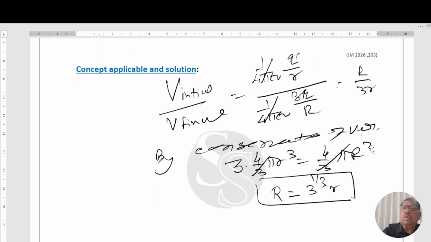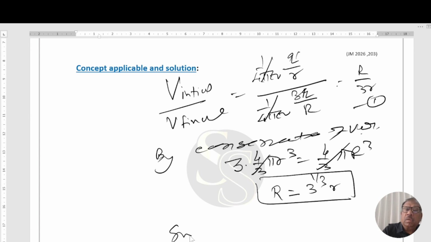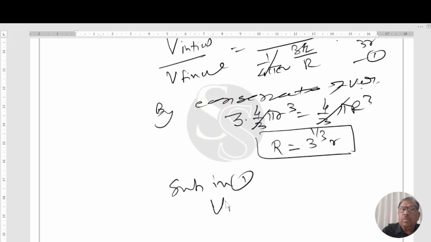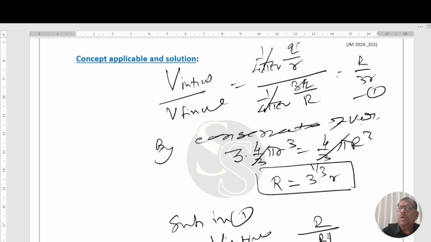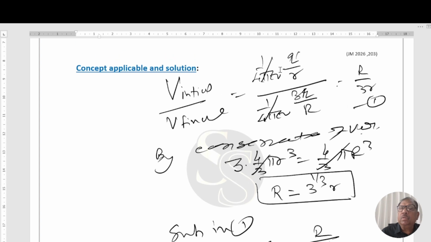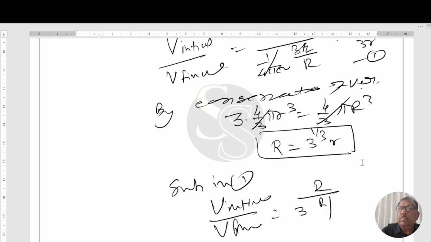Substituting in 1, we get V initial over V final equal to r upon 3R, that is r upon 3 into 3 to the power 1 by 3 r.